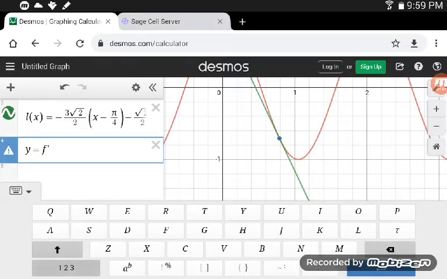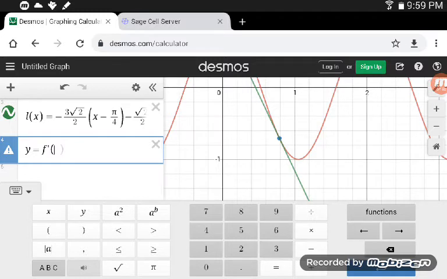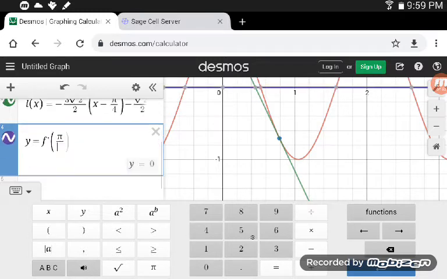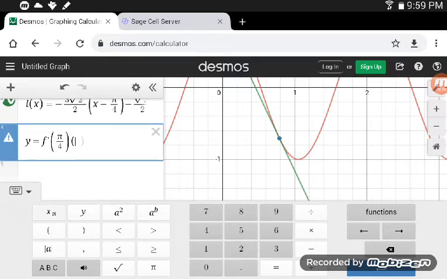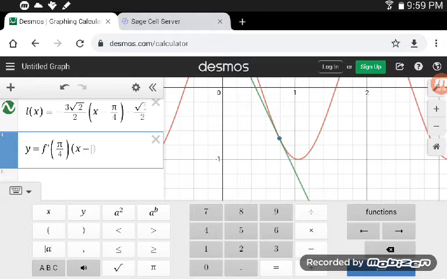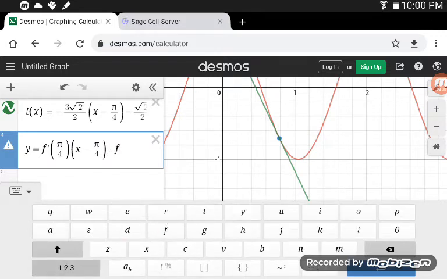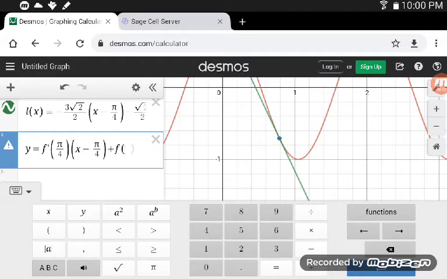So there's f prime of pi over 4, so pi divided by 4. So there's our derivative times x minus pi divided by 4, and then plus f at pi over 4.